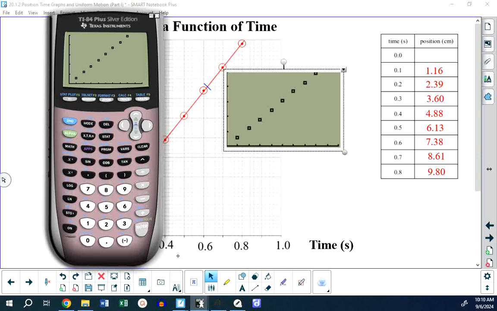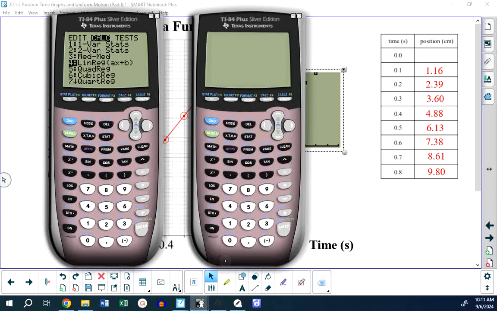So you go back to your stat and you go over to calculate. And it says linear regression. Now, I'm about to find out something that I think is important.